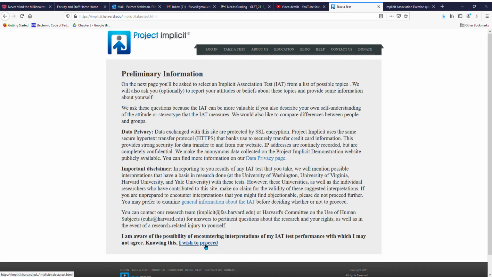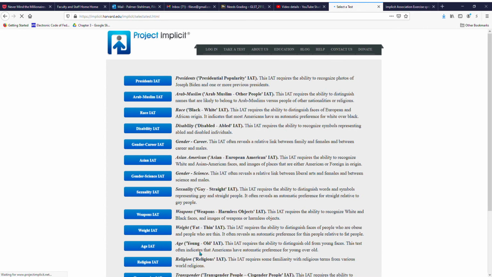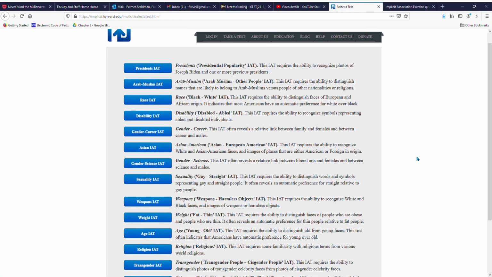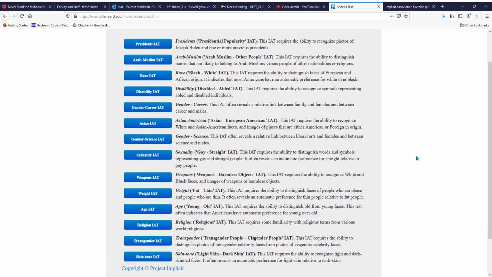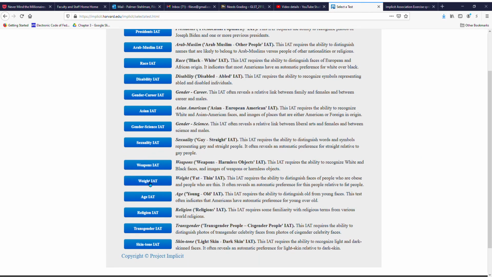Scroll down and click I wish to proceed after reviewing and maybe skimming the preliminary information, data privacy, and important disclaimer. From there, you will be taken to an options of several different tests that you can take.